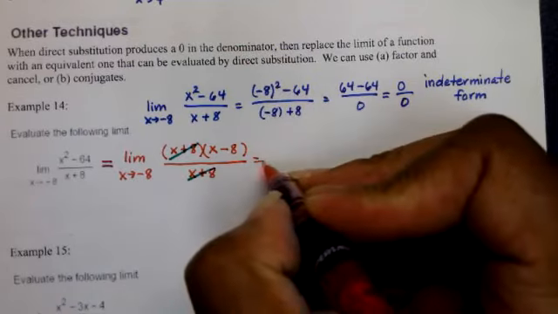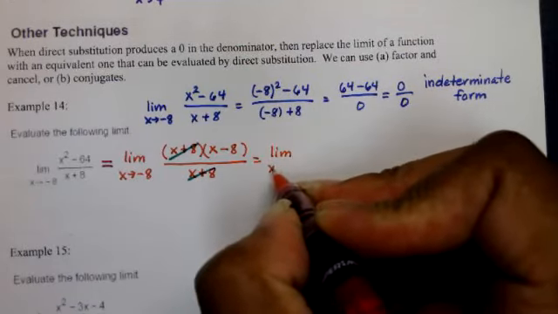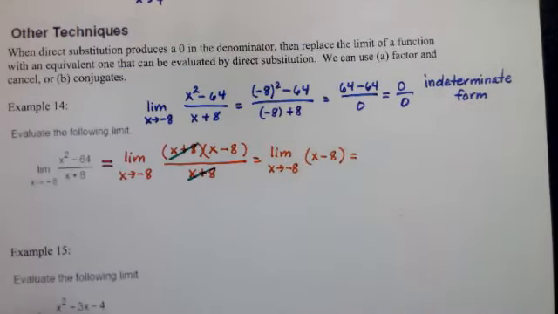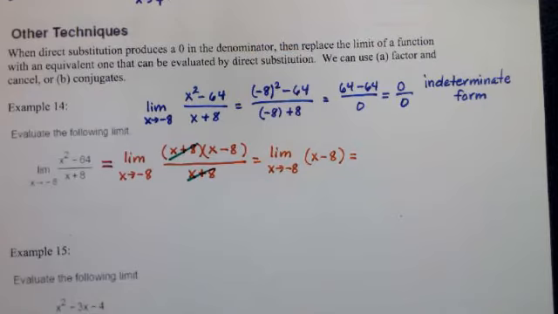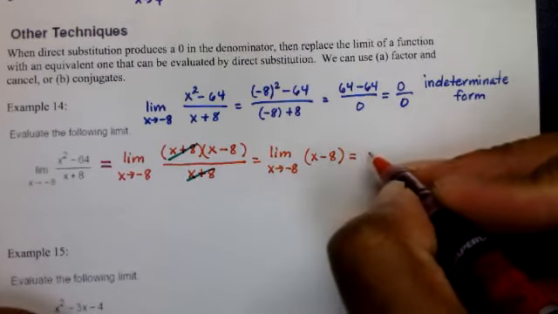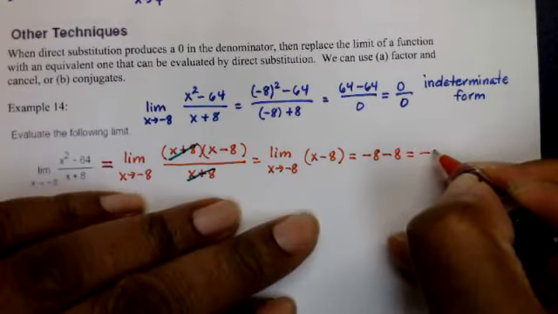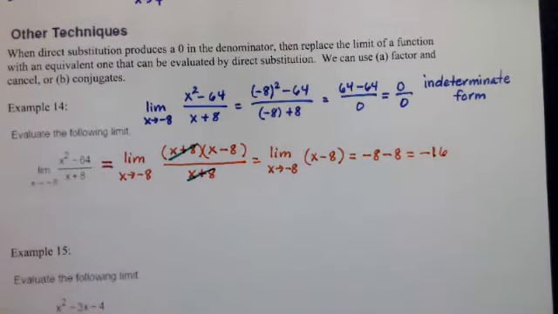And I will be left with the limit as x approaches -8 of x minus 8. Now I can use direct substitution, substituting this x with -8. I will have -8 minus 8, or -8 plus -8, which is -16. So this is just an example where you may have to first factor, then divide out those common factors, and then take the limit.